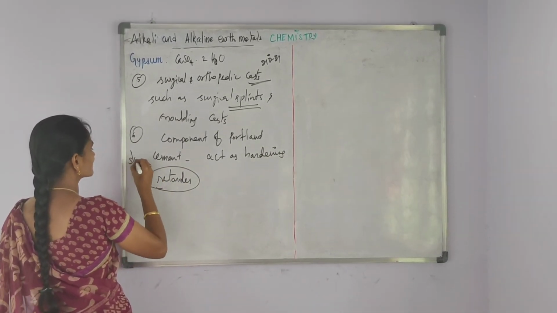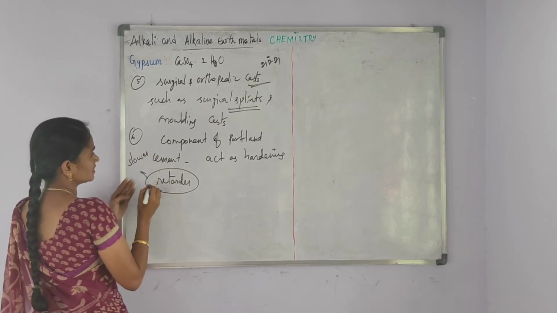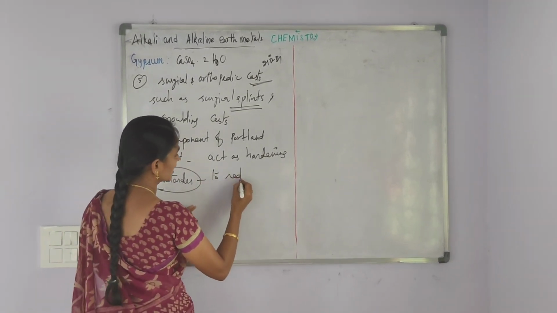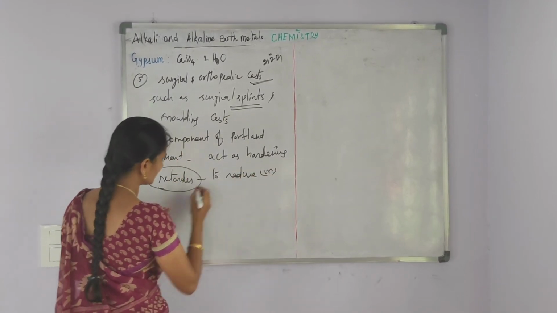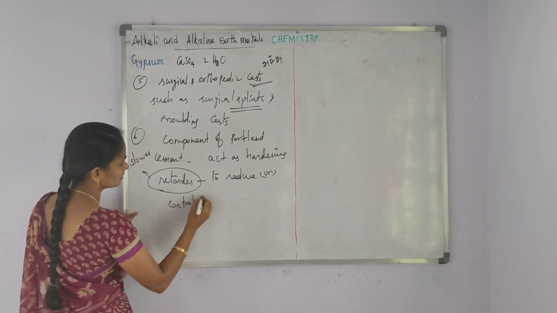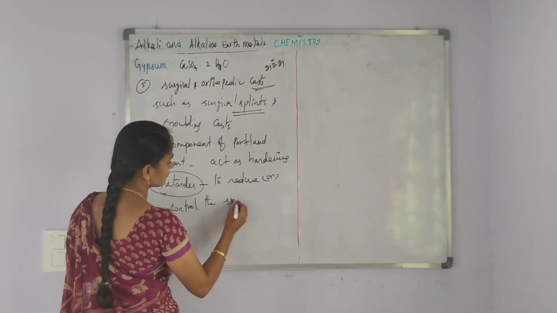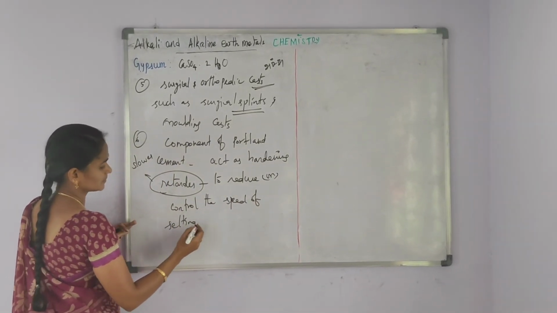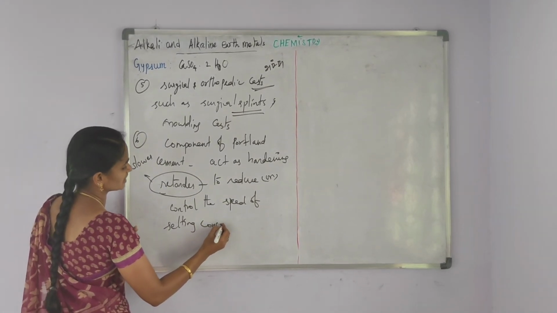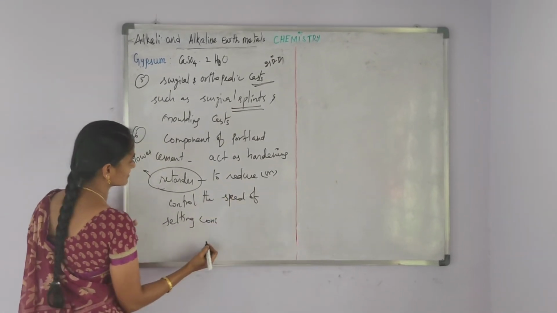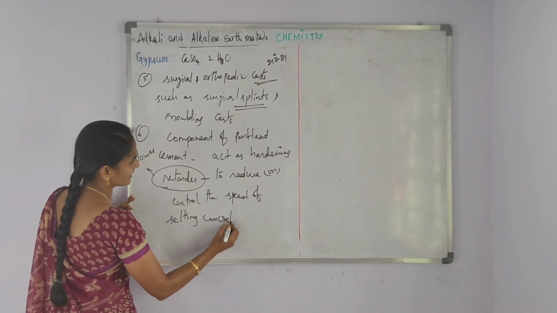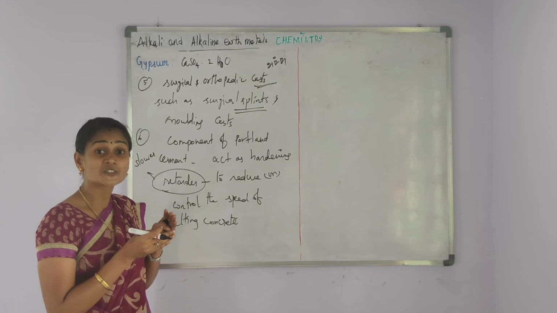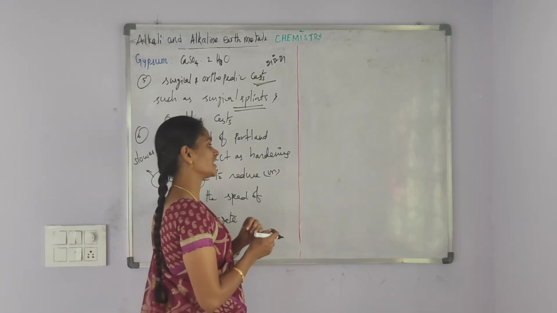Retarder means slower. Gypsum acts as a hardening retarder to reduce or control the speed of the setting of concrete.